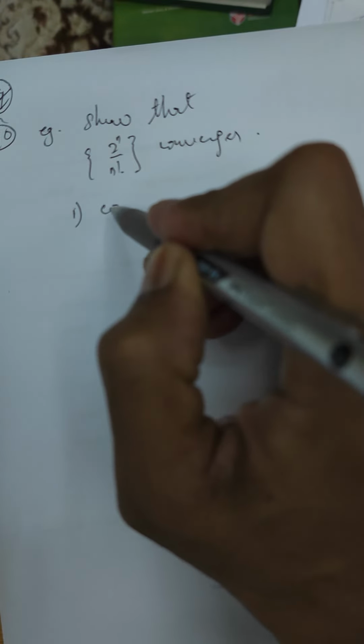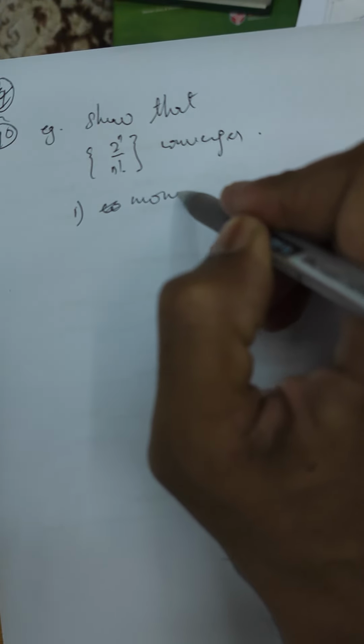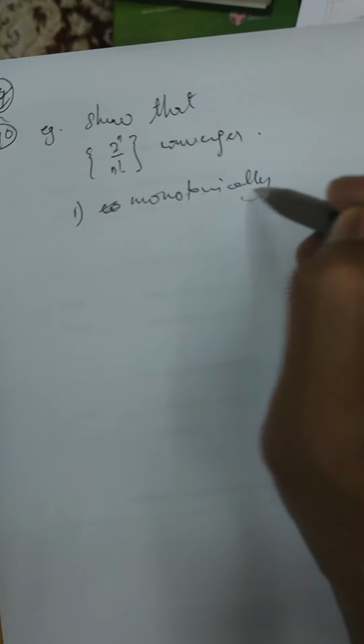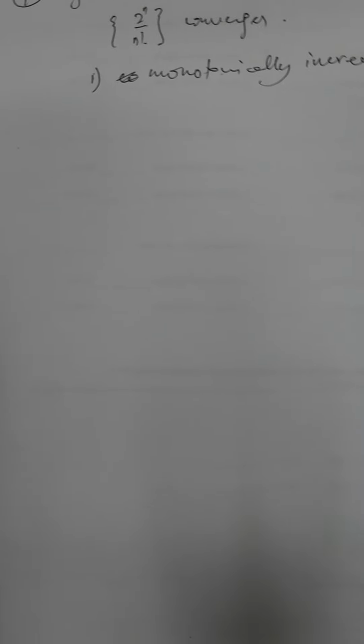monotonically increasing or decreasing sequence. Okay, so to do this, we just look at the ratio of u_n.